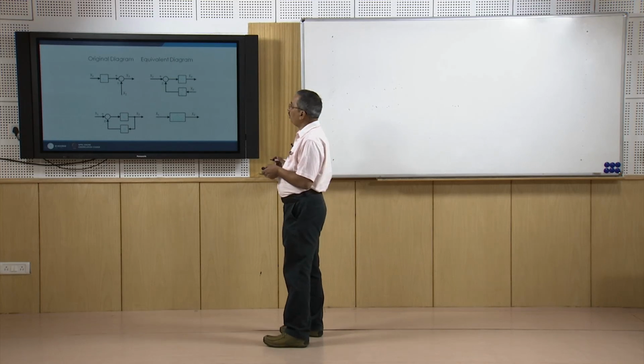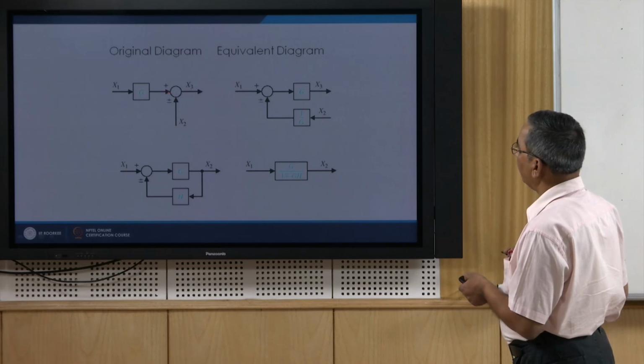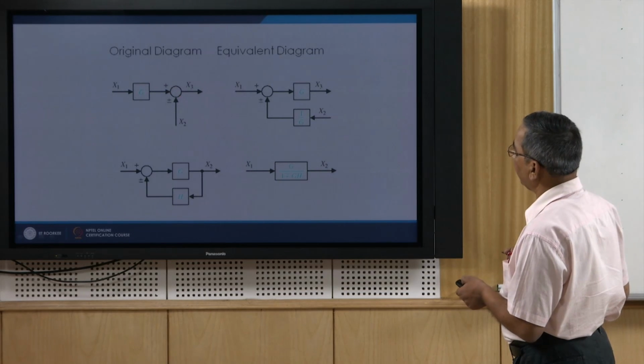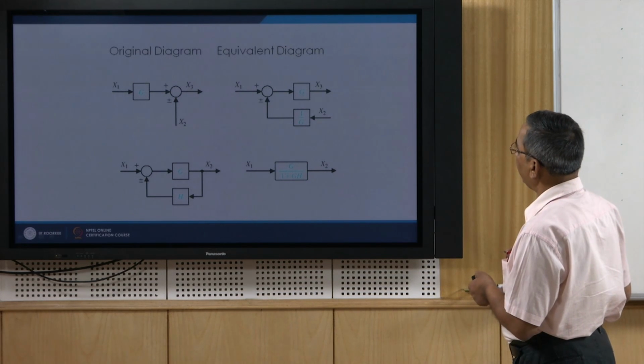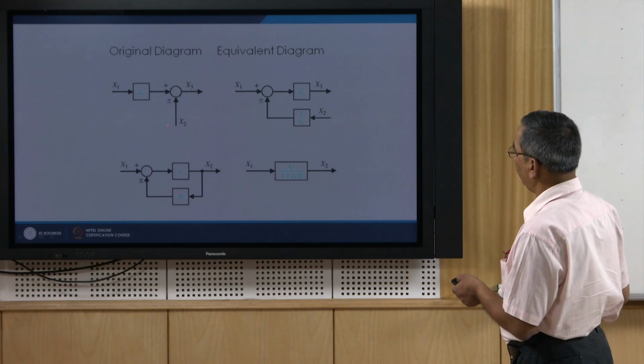Next, suppose we have the original block like this, that is, we have a summer here, and if we want to take the summer behind this block g, then this is what we have to do in this feedback signal.